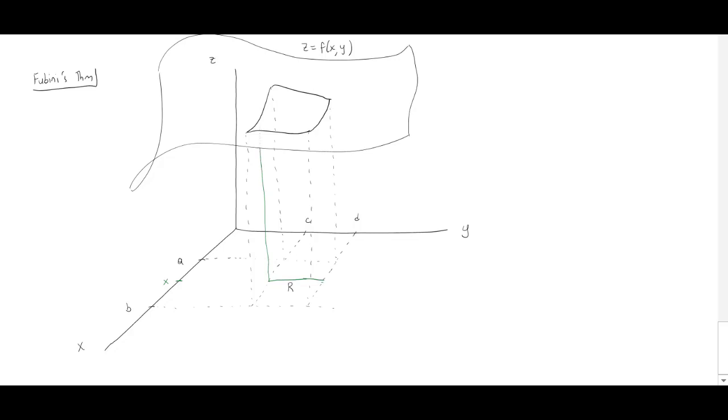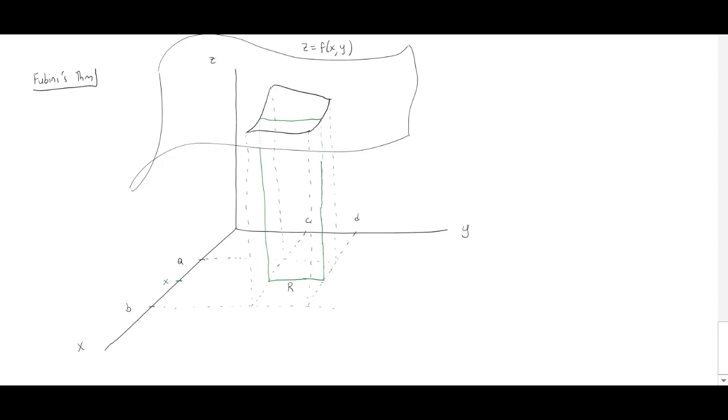And then there's some kind of a curve. When I slice at this x value, I get this little sheet kind of thing.